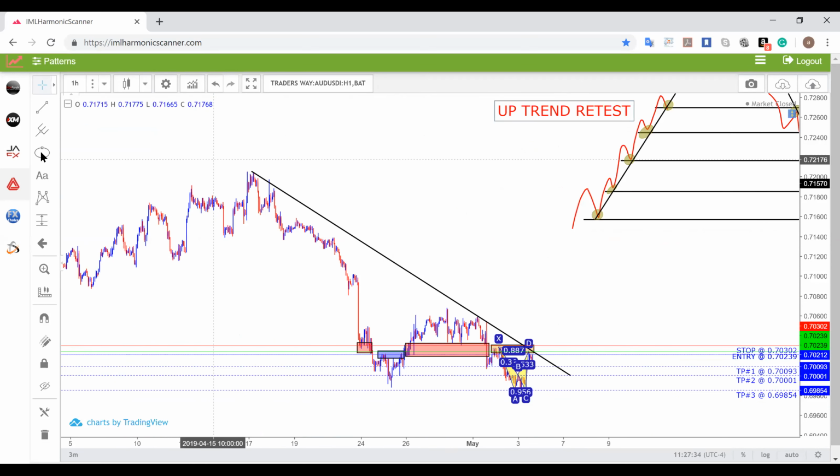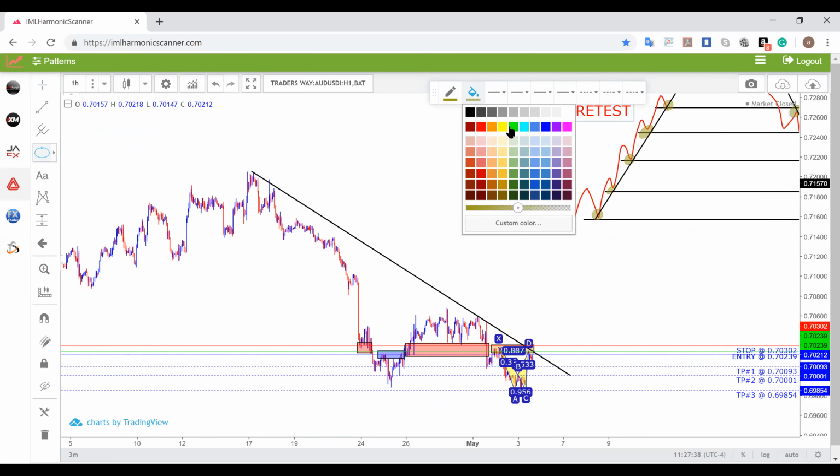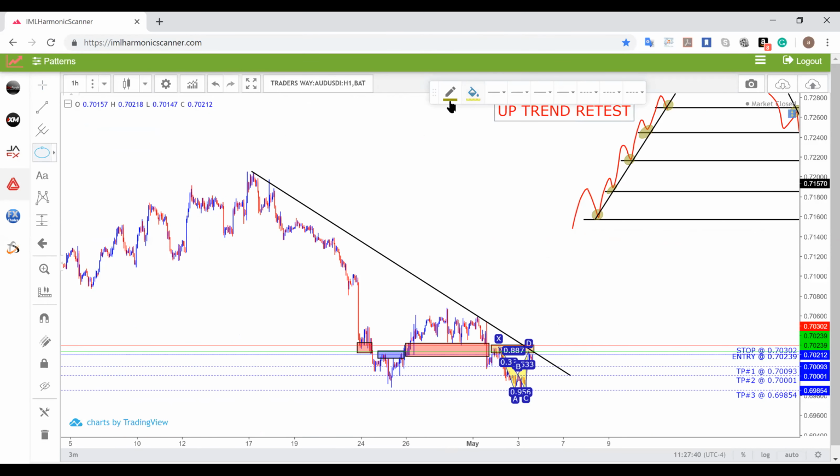Price hit this point. Let me do it yellow, black. Price hit this point, it went down. Price hit this point, it went down. Price hit this point, it went down.